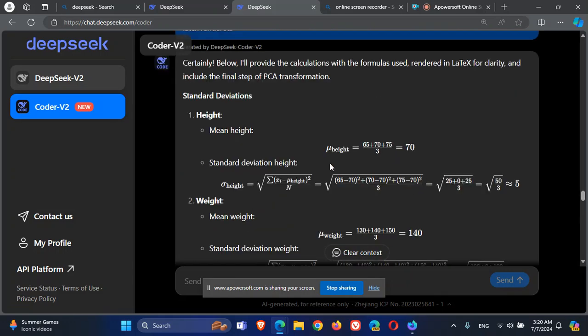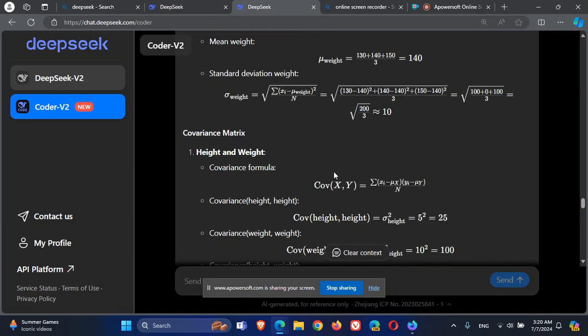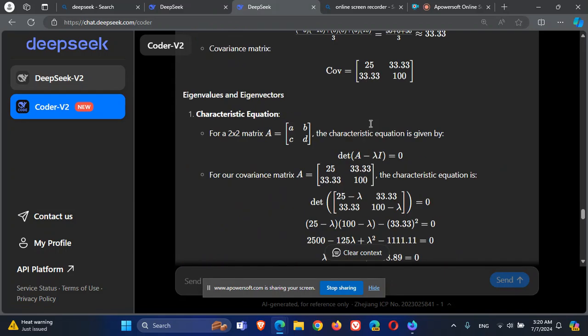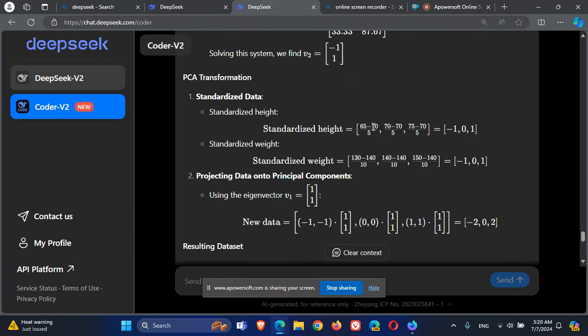In order to normalize the data, we take each value, subtract the mean from it, and divide the value by the standard deviation, and you will see it happen. Here it is. This is how we standardize the data.